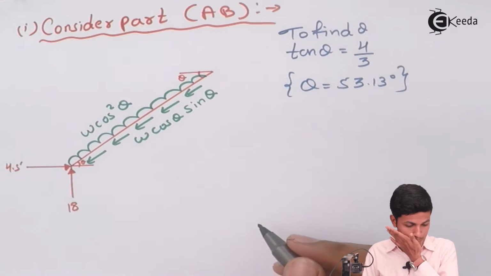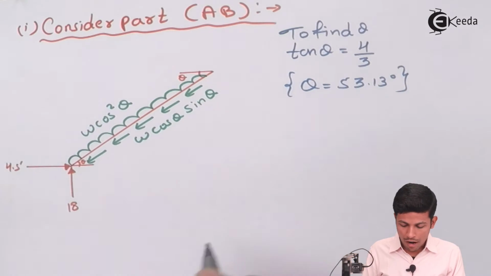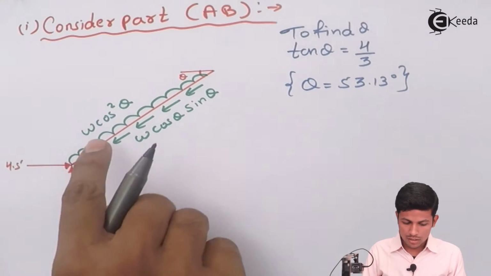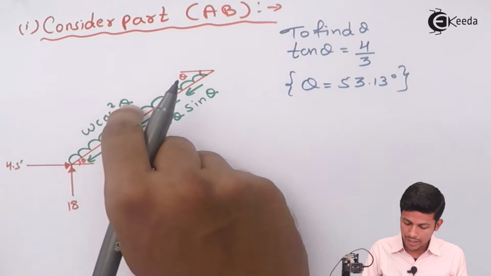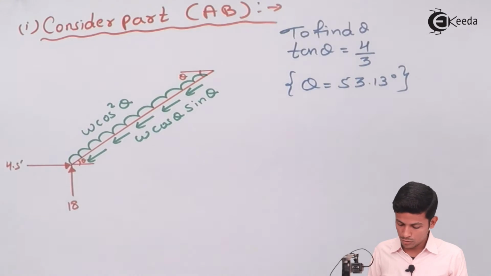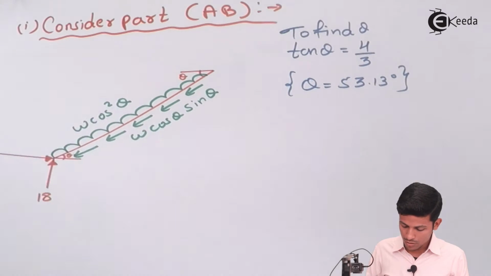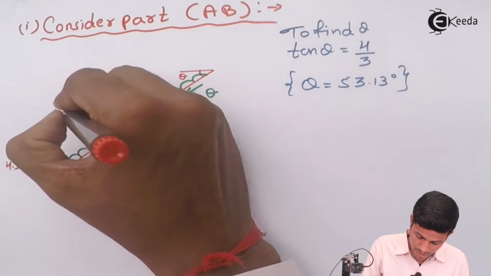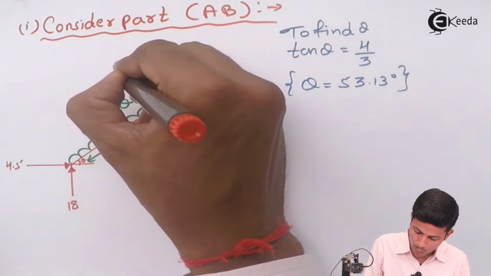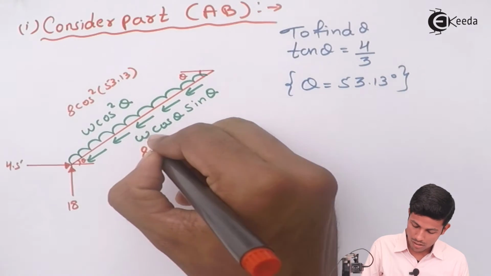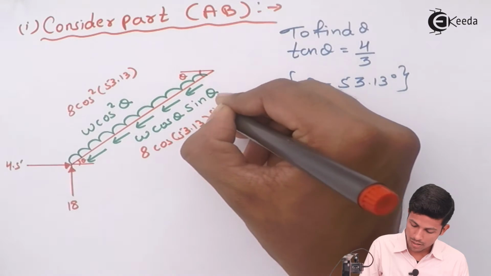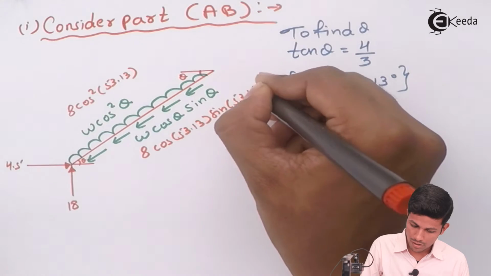Now we simply apply the formula. This is w cos square theta. W is given in the question, this is 8. So put the values: 8 cos square 53.13, and 8 cos 53.13 sin 53.13.